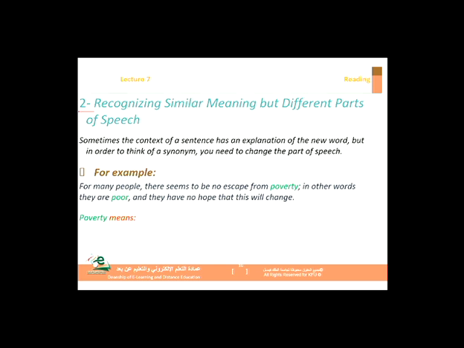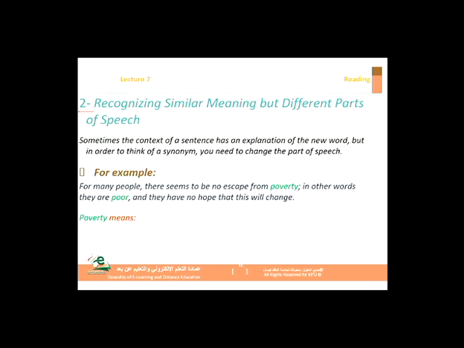Let's read this example together and see if you will notice it. Try to find words in this example that are basically the same word. Both words are the same word, but different parts of speech.